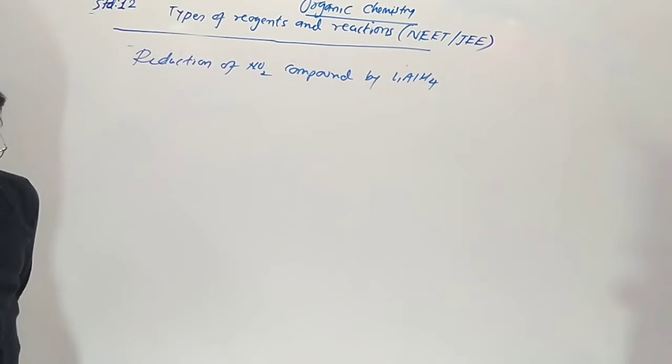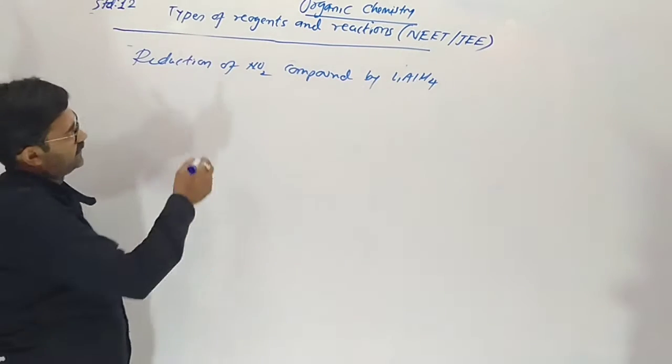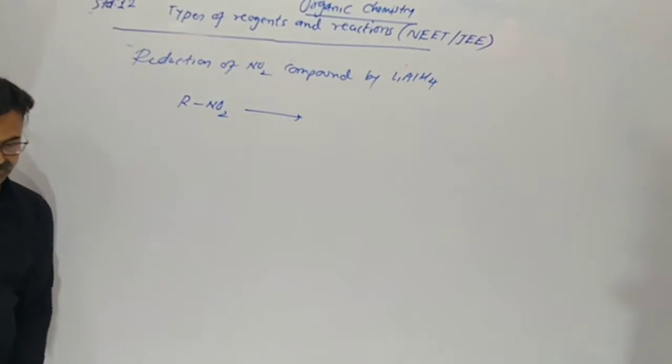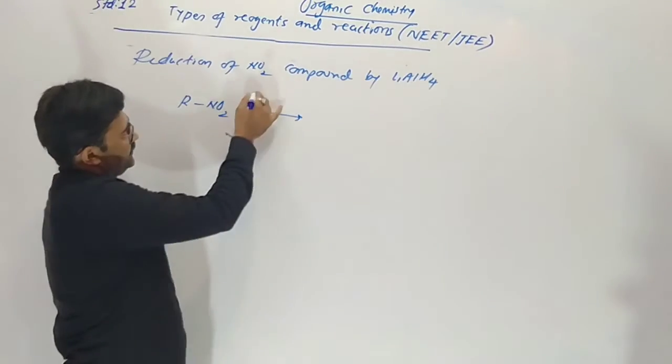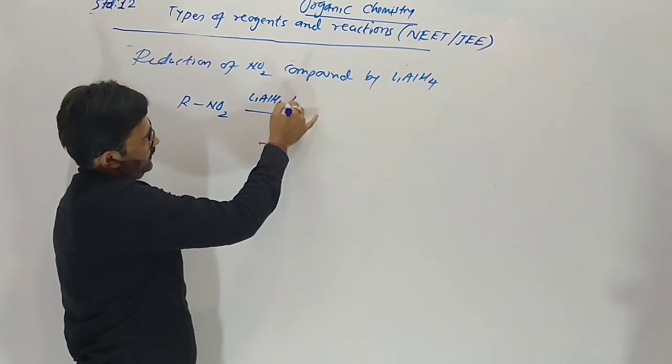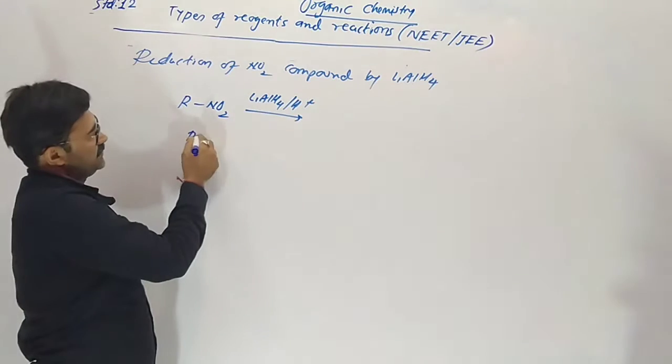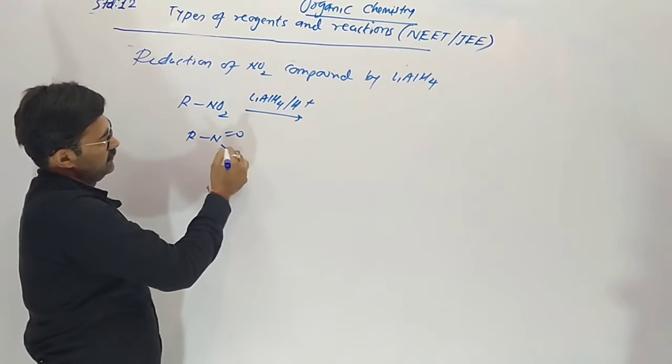We know it gives amine. In the nitro compound RNO2, reduction by lithium aluminium hydride in acidic medium. So here is RNOO, like this.